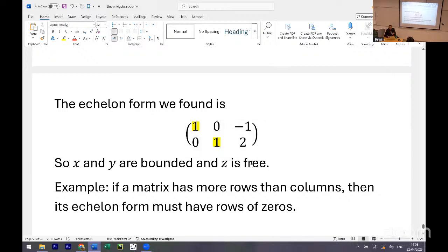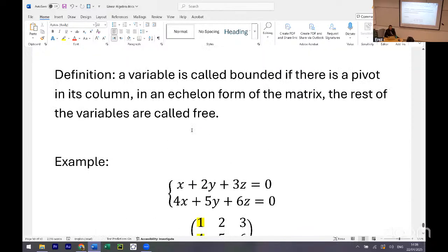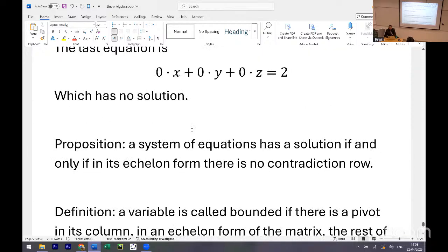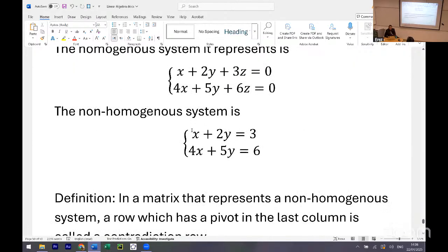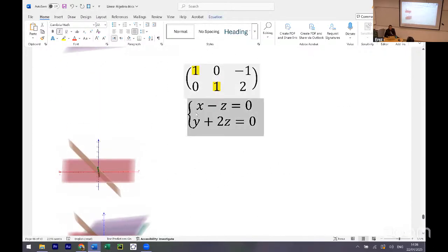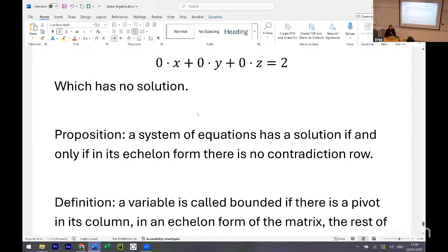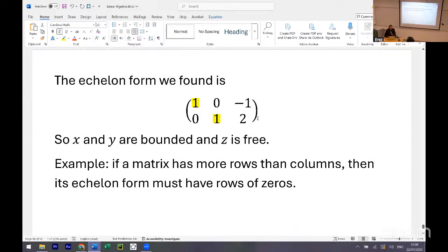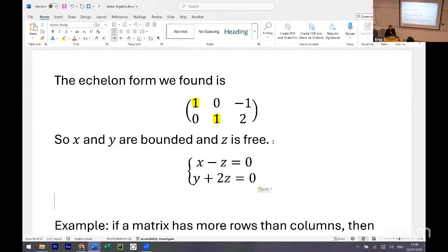So let's look at the equation system of the reduced form. We did it before. We'll do it again. Where was it? Here. I think it will answer your question. If not, then ask me again, of course. The system of equations that matches this matrix is this.